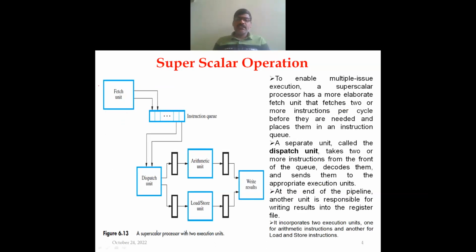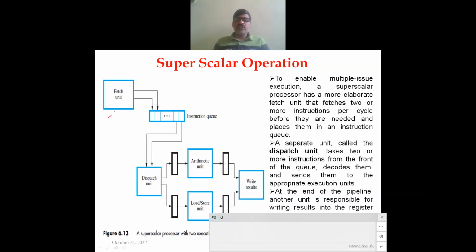To enable this multiple issue execution, a superscalar processor has a more elaborate fetch unit that fetches two or more instructions per cycle before they are needed and places them in an instruction queue. So we are maintaining an instruction queue here. During one clock cycle, two or more instructions are fetched and kept in the instruction queue.